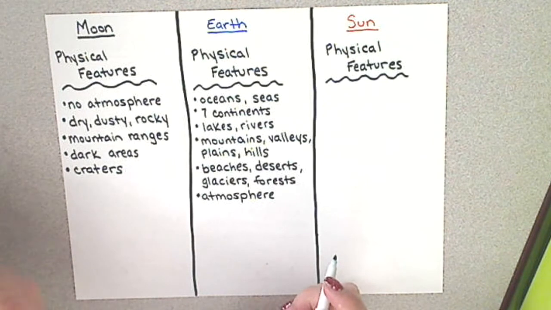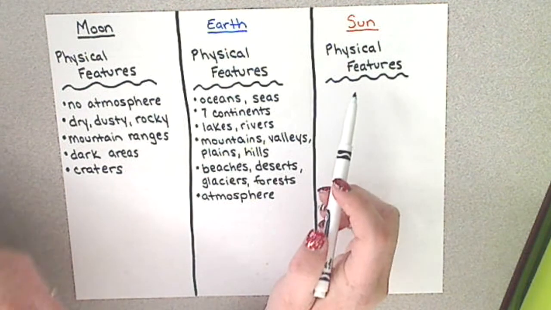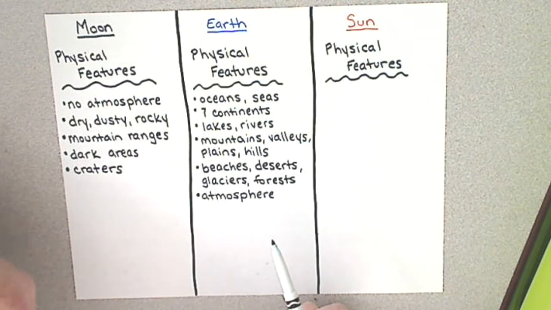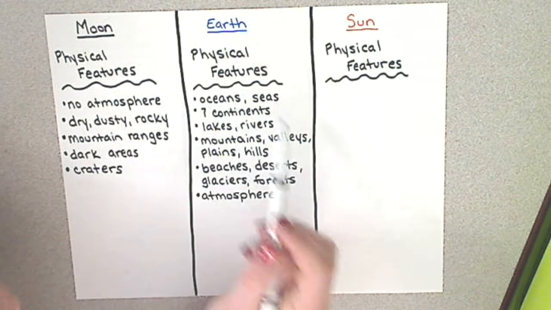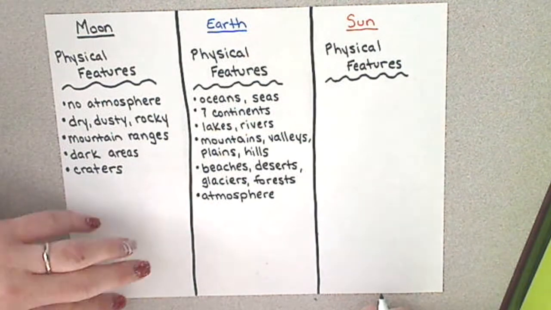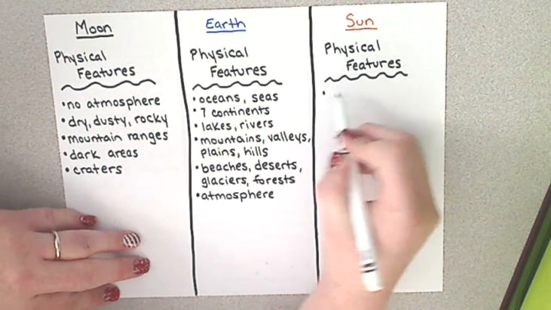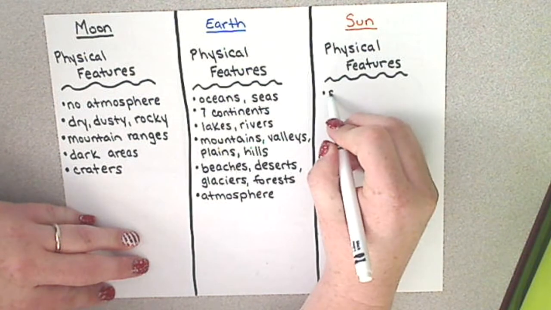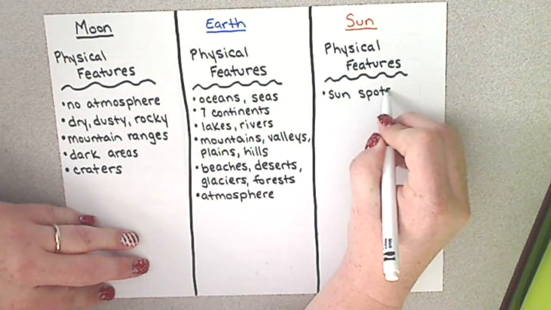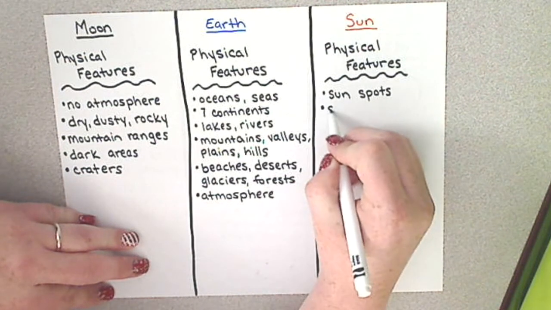The atmosphere traps heat energy and light energy from the sun. It gives us the oxygen that we breathe, and it allows so much of this to occur. Now, the sun has sunspots, which you'll learn more about with the articles that you'll read this week, and solar flares.